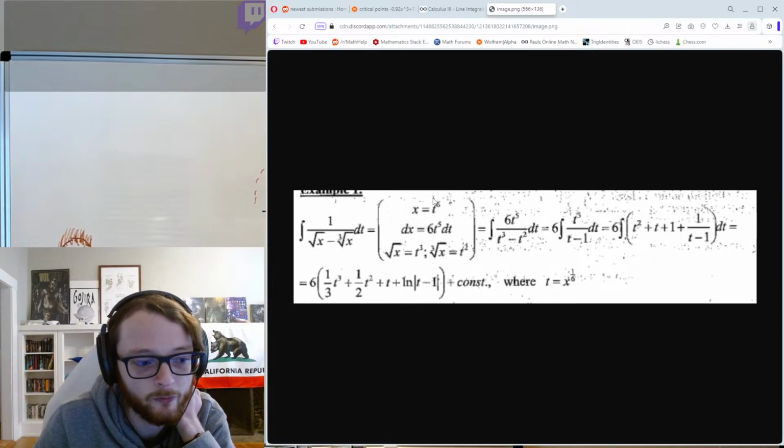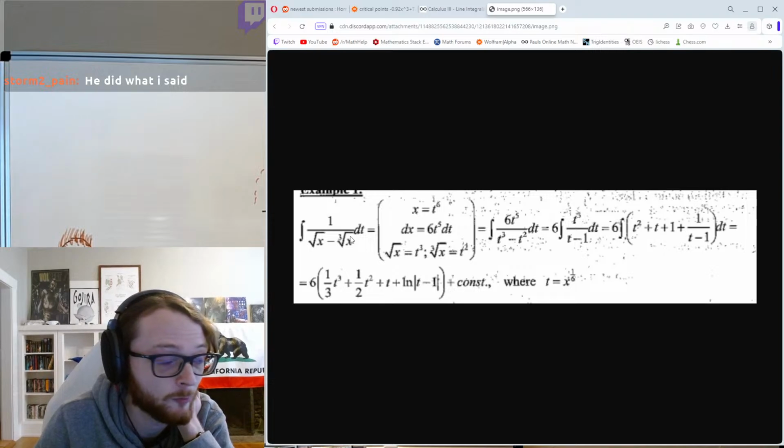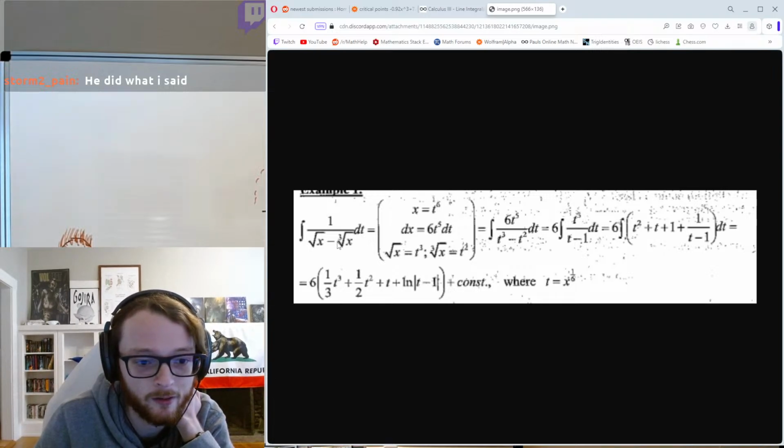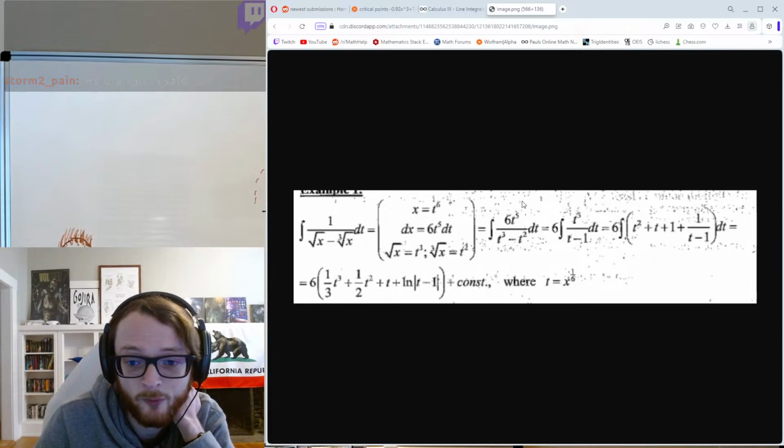So they're doing what Storm suggested. Yeah, exactly. And they take x equal to t to the 6, and we choose t to the 6 because square root x is like a power of a half, and cube root of x is like a power of a third, and their, I guess, least common multiple is like a power of 6 if you want to get some cancellations. It becomes a bit more apparent why it's a good idea when you see the next step, because now it's something that's actually possible to integrate.